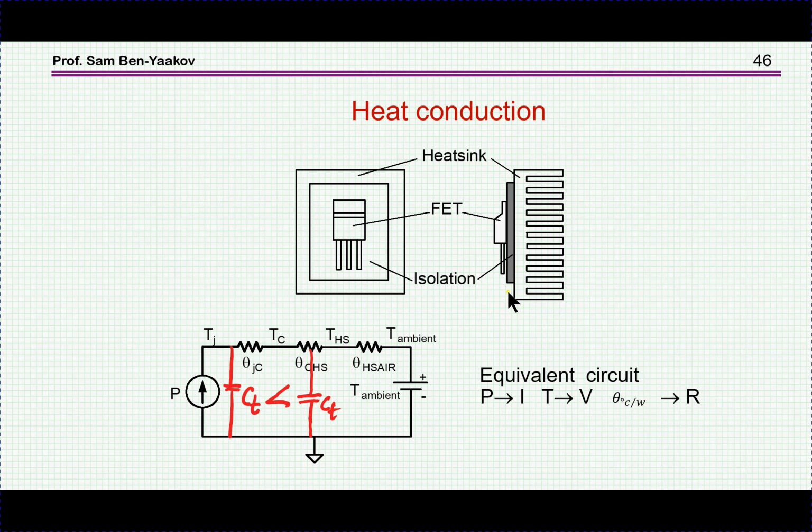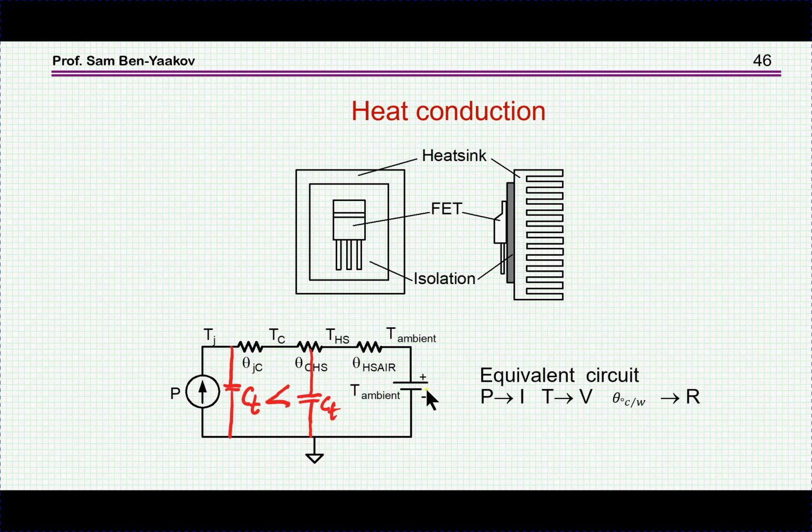So in this case, we're going to have the junction-to-case thermal resistance, the case-to-heatsink thermal resistance, which will be the insulation, and then the heatsink to air, or to the ambient. What I'm showing here is an electrical equivalent circuit of the thermal parameters.